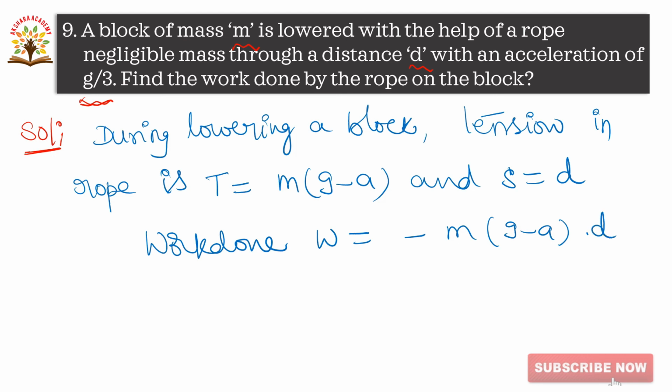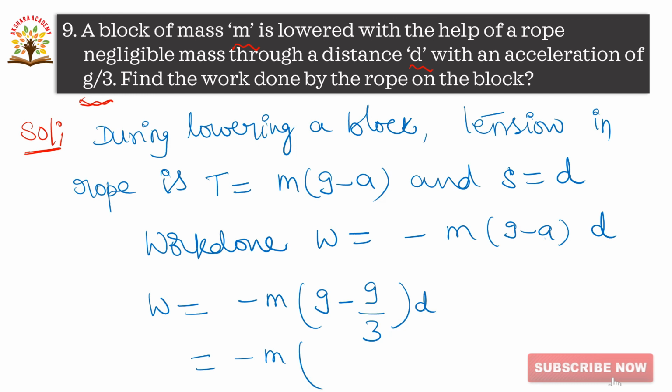Now work done is equal to, taking minus m of g minus, here they have given the acceleration as g by 3. So in the place of a we are writing g by 3, into d. So that is equal to minus m, taking LCM, 3g minus g, 2g by 3 into d.